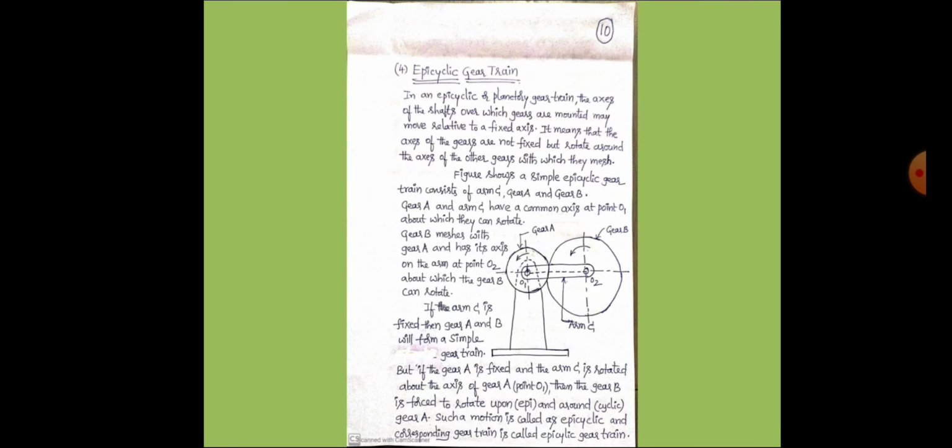It consists of mainly three elements: arm C, gear A and gear B. Gear A and arm C both have a common axis at point O1 about which they can rotate. Gear B is meshing with gear A, and gear B has its axis on the arm at point O2, so that gear B can rotate about it.